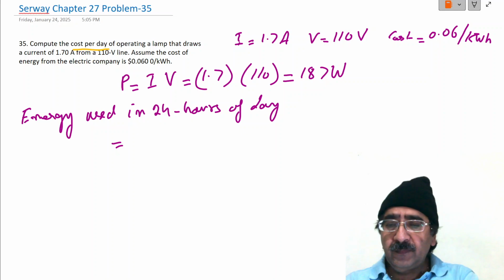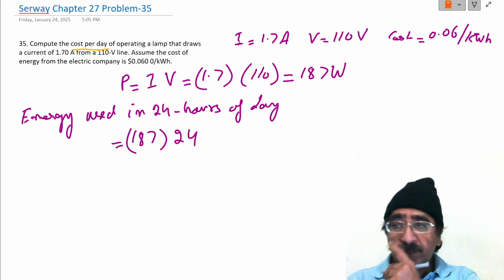As we know that there are 24 hours, so 187 will be multiplied with 24.